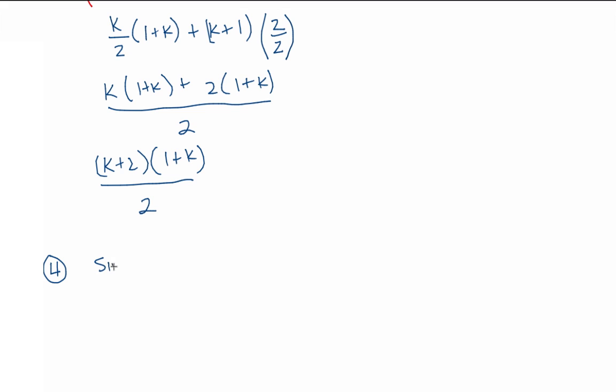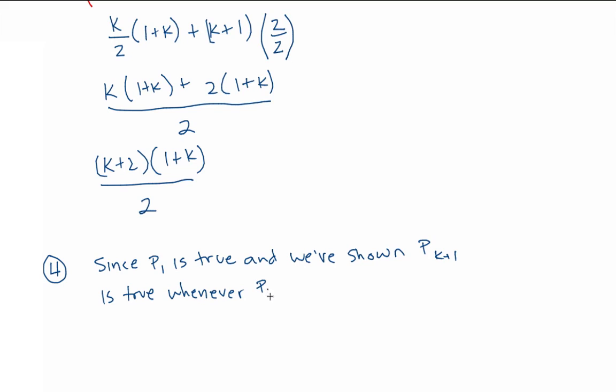So since P(1) is true, and we've shown P(k+1) is true whenever P(k) is true, it follows that P(n) is true for all positive integers.